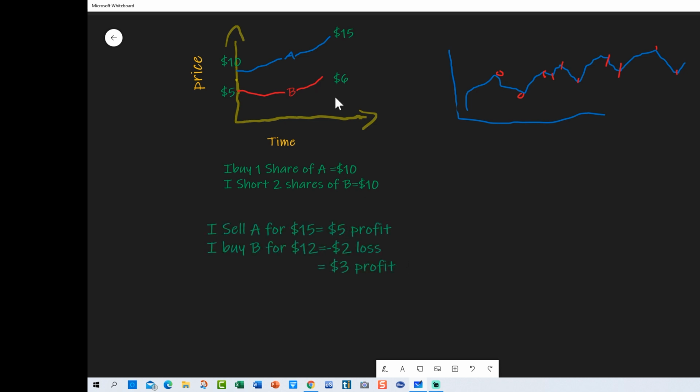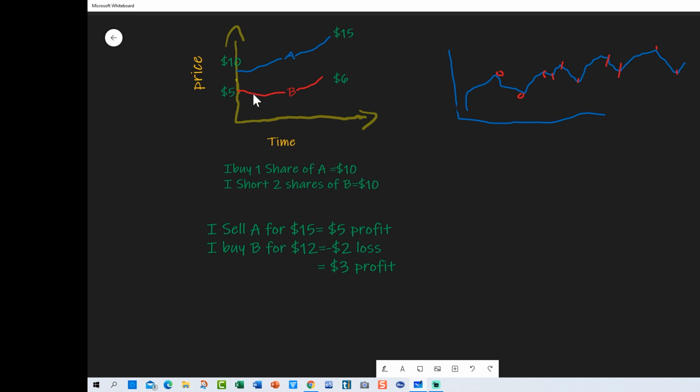So let's assume I decided to close my positions and I sell my one share of A for $15, giving me a $5 profit. And remember, we discussed short selling. So I sold two shares at $5 each. I owed the broker two shares, hoping that it would go down, but it went up. So I had to buy them back at a higher price.